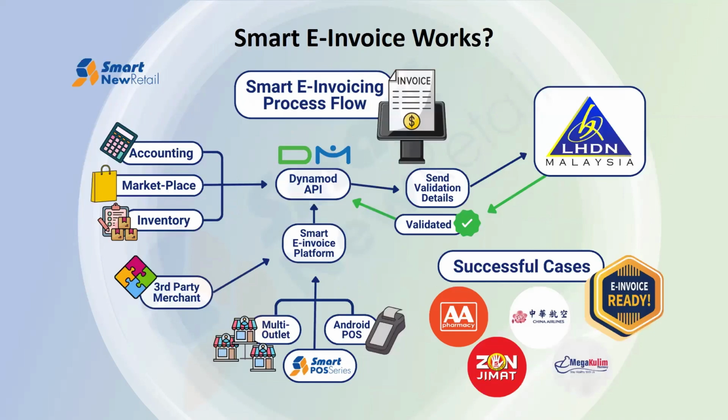So this is the overall flow, including for our POS. We have accounting, marketplace, and inventory, third-party merchant, then our POS, then everything will go to our Dynamod, and from Dynamod, we will send to the tax authority for the validation.